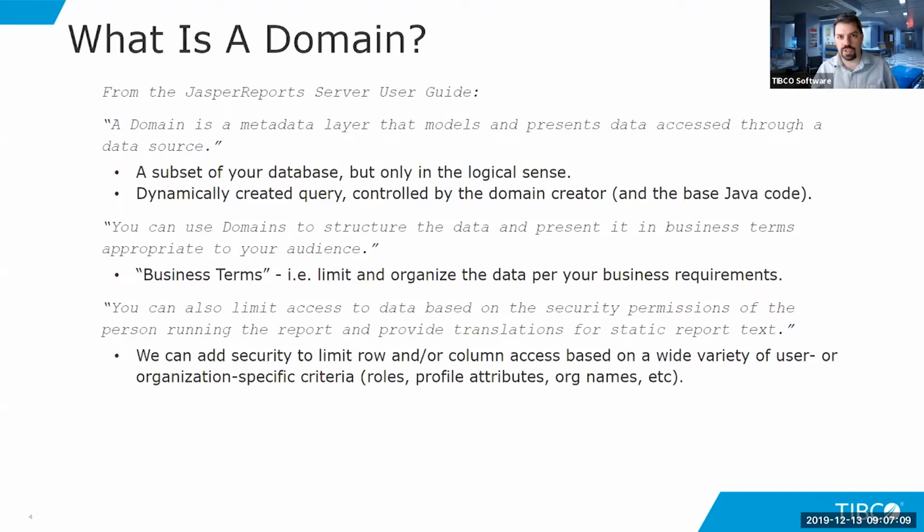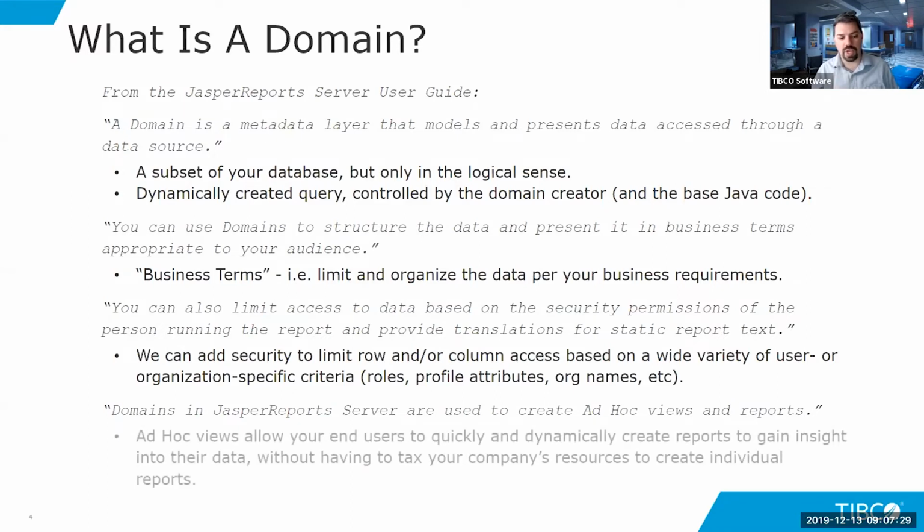There's all sorts of things you can use to actually implement that security. And then, of course, you can do the translation with localization files. So if the user logs in with a different language choice, you can build in that translation for them as well. And of course, domains in Jaspersoft, Jasper Report Server, are used to create ad hoc views and reports.